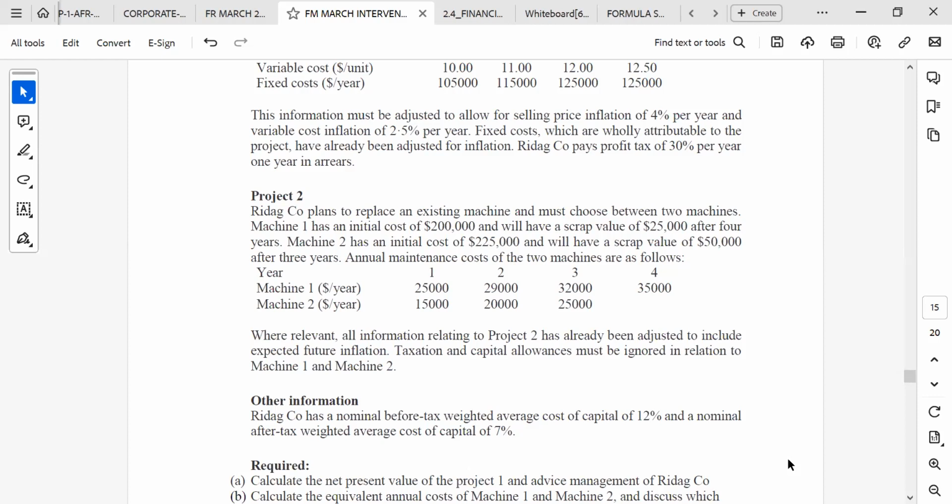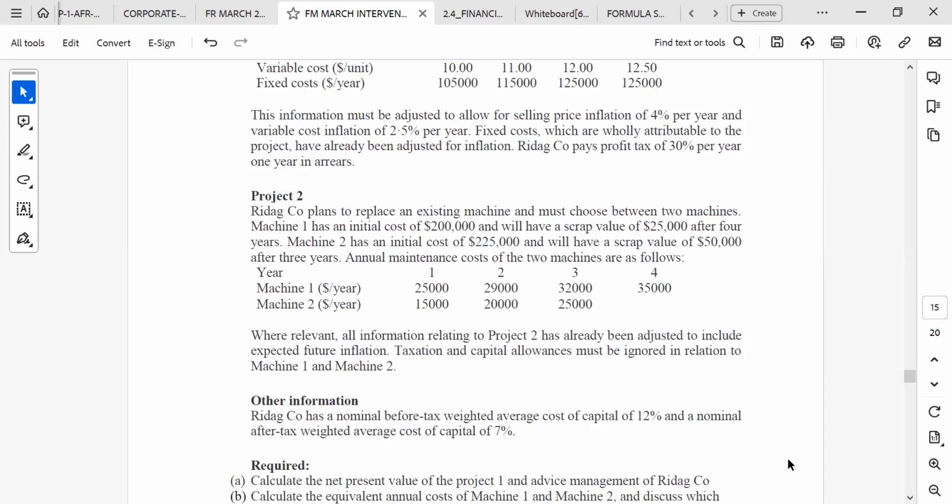So, where relevant, all information relating to Project 2 has already been adjusted to include expected future inflation. Taxation and capital allowances must be ignored in relation to Machine 1 and Machine 2. Other information. Regard Co has a nominal before tax weighted average cost of capital of 12% and a nominal after tax weighted average cost of capital of 7%.